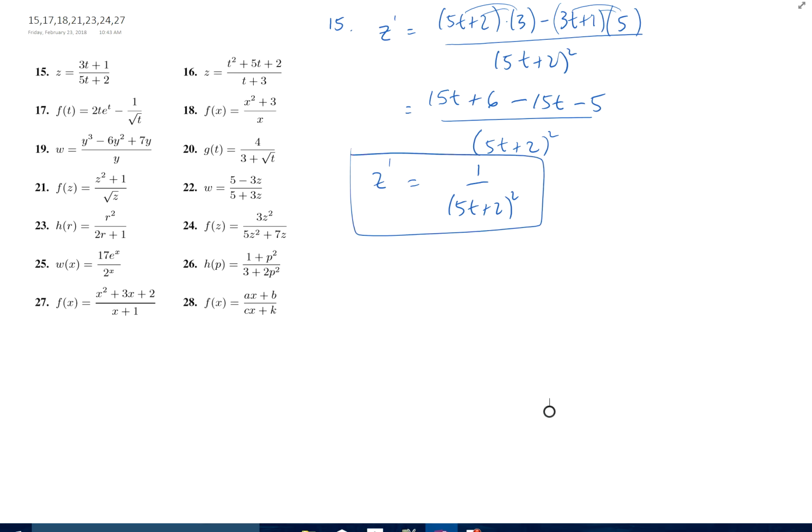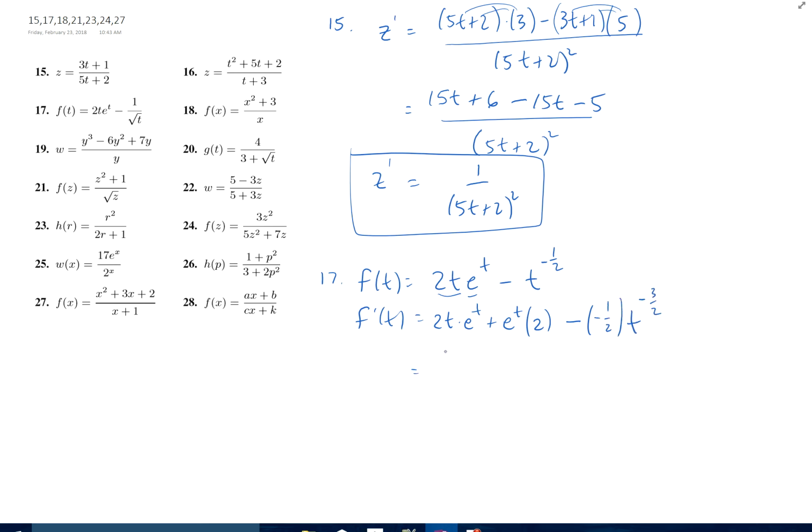Okay, number 17. F of t equals 2t e to the t minus, now the 1 over square root of t, I'm going to go ahead and change to t to the negative 1/2 power, because I know I need to do that to take the derivative of roots. So then f prime of t would be, that's a product, first times the derivative of the second, plus the second times the derivative of the first, minus a negative 1/2 t to the negative 3/2.